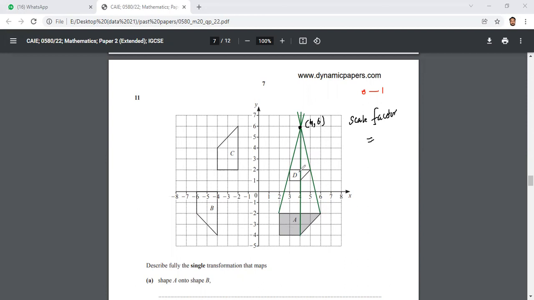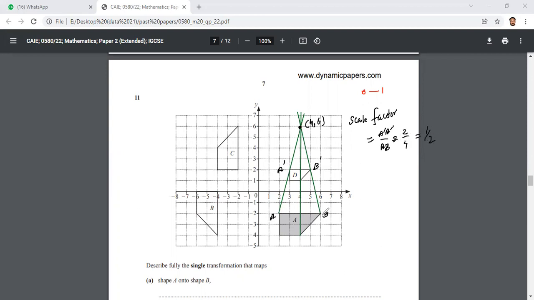Choose any corresponding sides of the object and image. Let's suppose this is A, this is B, because this is the object. You can take this one as A dash, B dash. So the image distance is A dash B dash divided by AB. We have 2 boxes divided by 4 boxes.